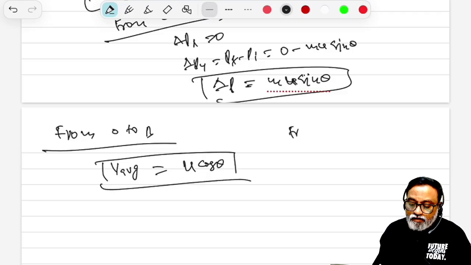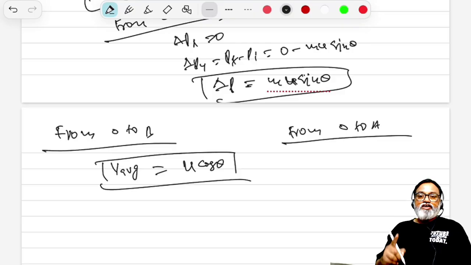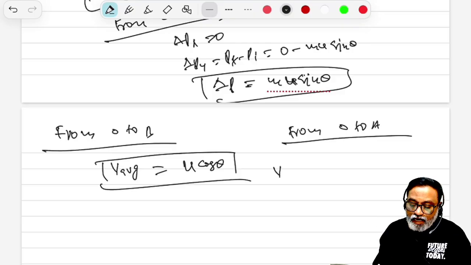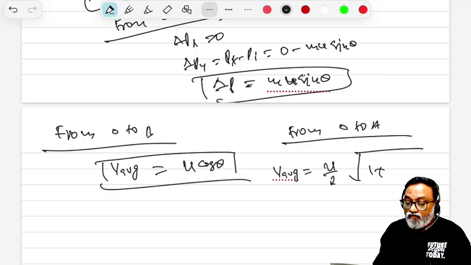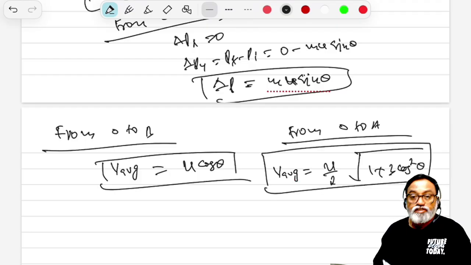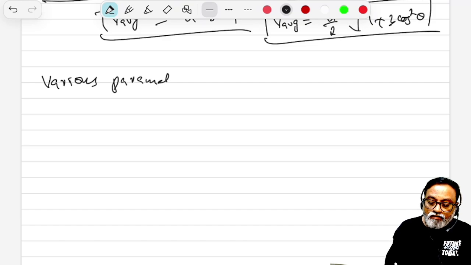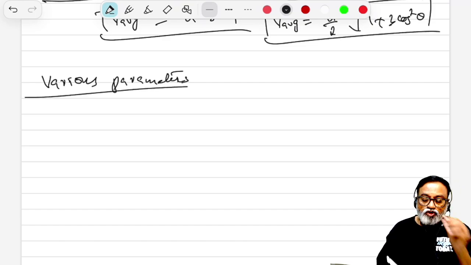But from O to A, that means from point of projection to highest point, average velocity V avg is equal to u by 2 into square root of 1 plus 3 cos square theta. This is also very important. Next one, here various parameters in projectile motion.